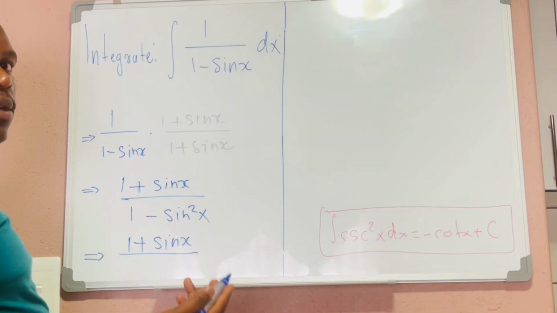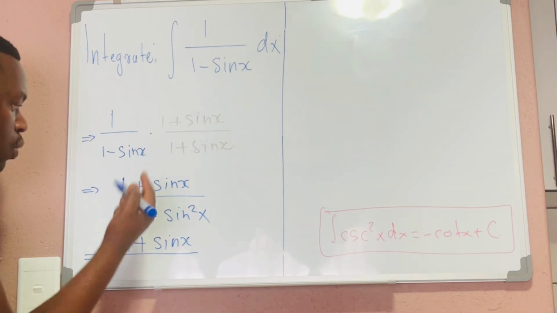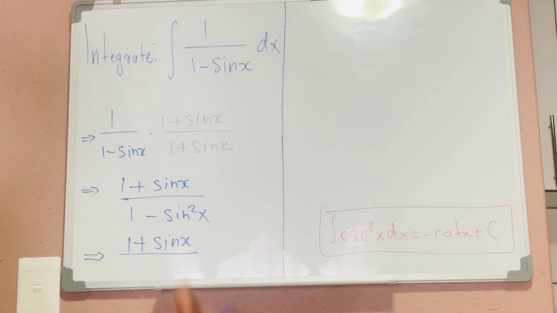This is from the identity rule of trigonometry, right? So I know that cosine squared plus sine squared is equal to 1.